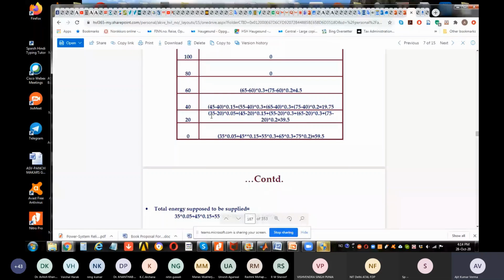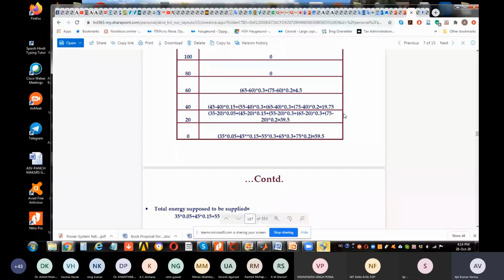So you lose 15 megawatt for 5% of the time. Then if it is 45, you are in a state of 20 megawatt, so your generated capacity is only 20, and you lose 25 megawatt here. You lose 35 megawatt here, 45 megawatt, and 55 megawatt for these percentages of time.